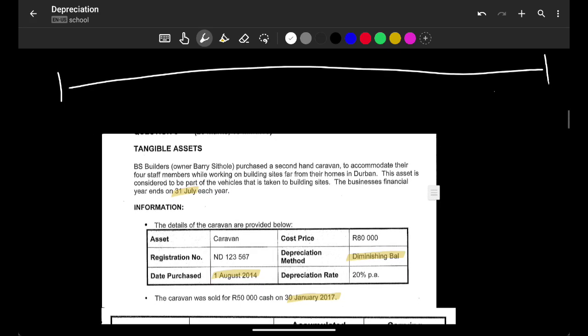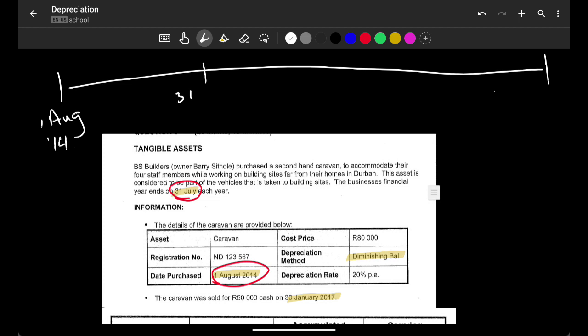Now we have the day the asset was purchased, which is 1 August 2014. Then the year ends on the 31st of July, right? The month after July is August, so that we know is a full 12 months.